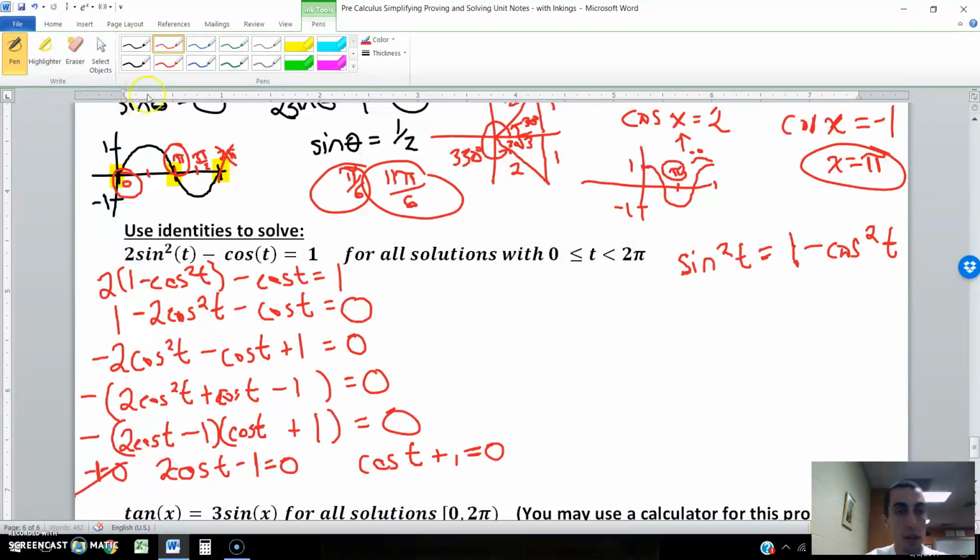So we'll take this one, add 1 and divide by 2, and we have cosine of t equals 1/2. Then that was supposed to be 1 there, as you saw here. Subtract 1 from both sides, and we have cosine of t is -1.